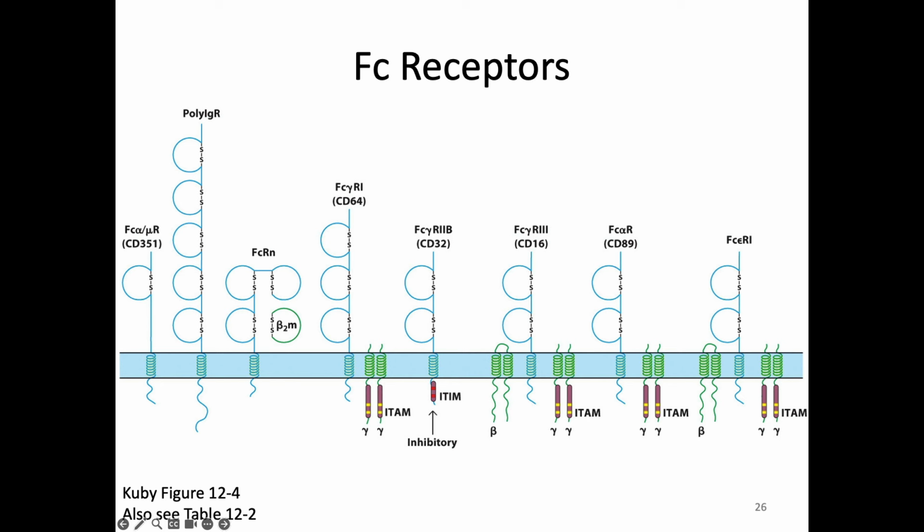It's this tail part down here. These receptors that are binding to the Fc portion of the antibody are called Fc receptors. And so we can have opsonization happen because phagocytic cells have Fc receptors on their surface.